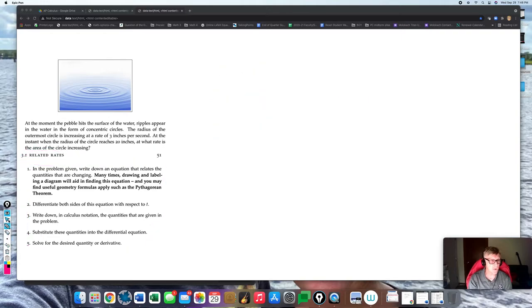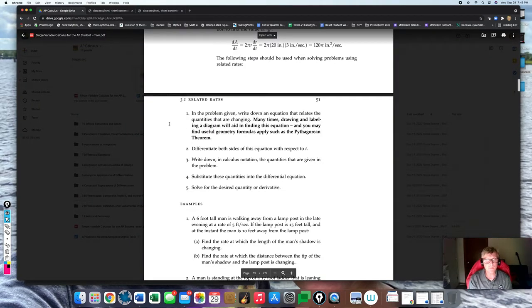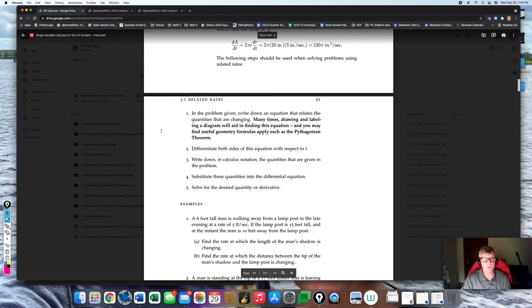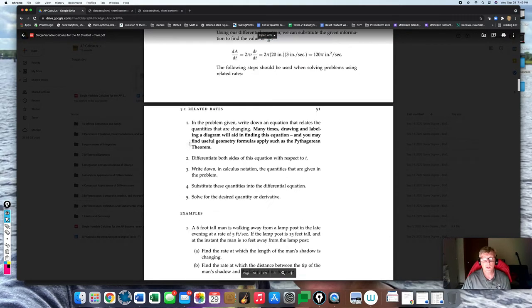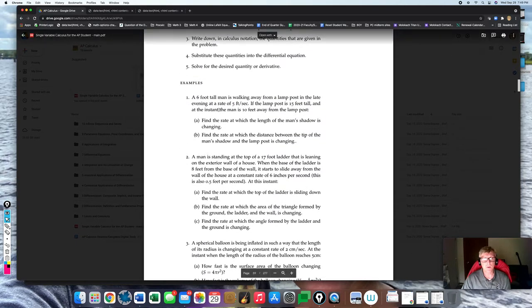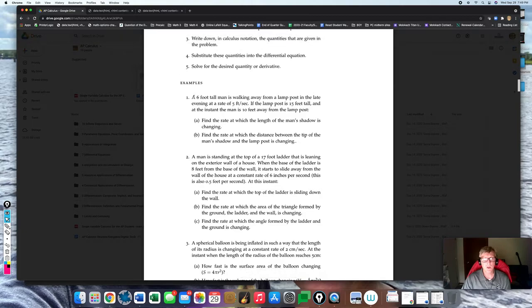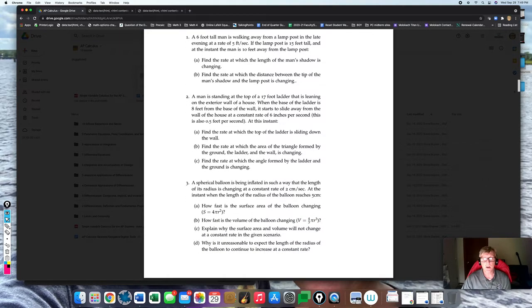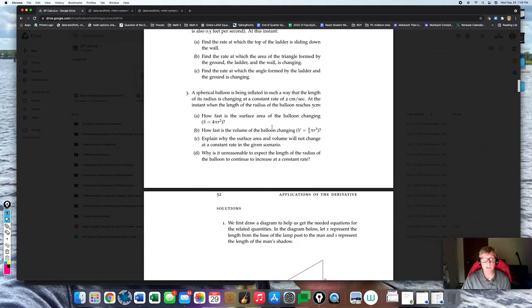So I want to go through a little bit more of a more complicated example from my book, and then we'll kind of stop this video and we will kiss Unit 2 or Chapter 2 goodbye. Okay? And so, yeah, I've got problems in my book about a person walking away from a lamppost, a ladder leaning against the side of a building.